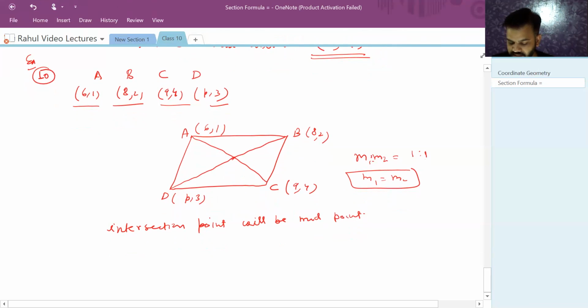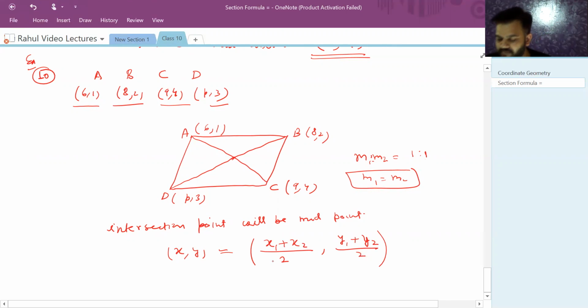A midpoint means (x, y) will be (x1 plus x2) divided by 2, and (y1 plus y2) divided by 2. After putting the value of m1, m2 as 1, 1, we get 1 into x1 plus 1 into x2 divided by 1 plus 1, that will be the midpoint. Okay, so you can easily find it.